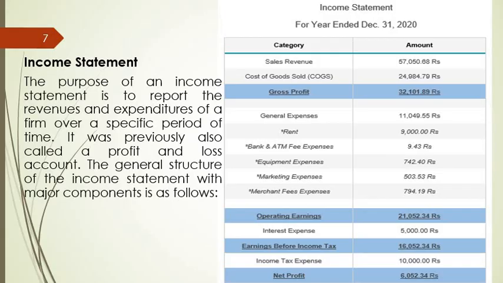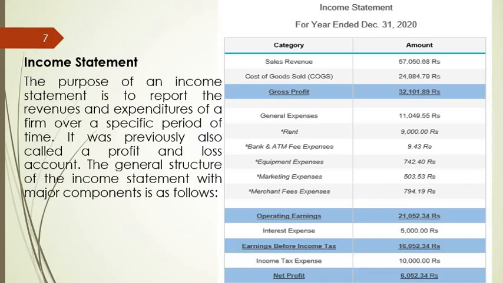This is how much it costs to produce all the goods or services you sold to your customers. It involves direct expenses like raw material used for preparing these products, or the labor and the shipping cost. When we deduct the cost of goods sold from the sales revenue, we get the gross profit.